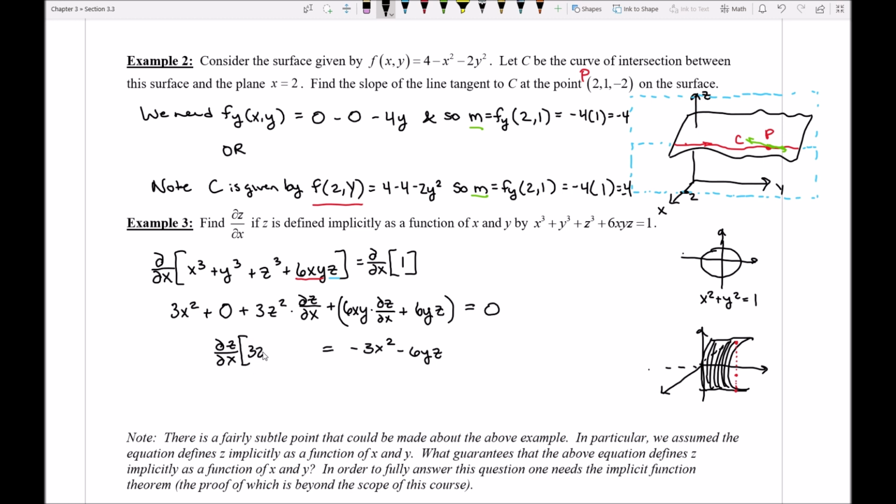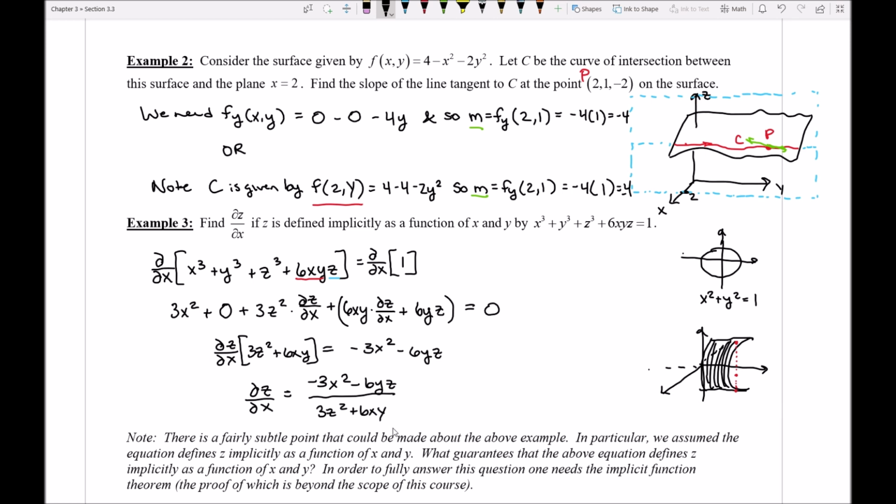That would leave me with a 3z squared and the 6xy that I have over there. So now, to isolate that partial of z with respect to x, I can simply divide by the set of brackets that I have. So I would get negative 3x squared minus 6yz, divided by 3z squared plus 6xy.